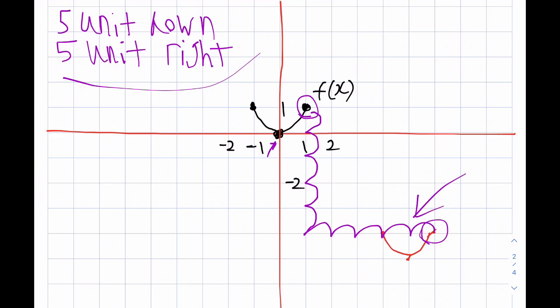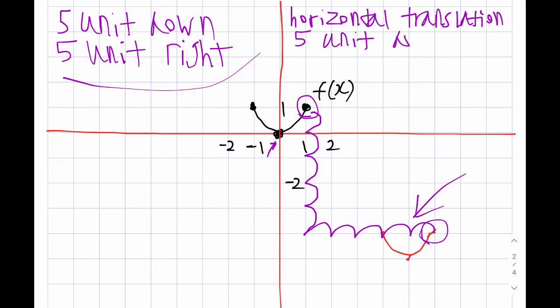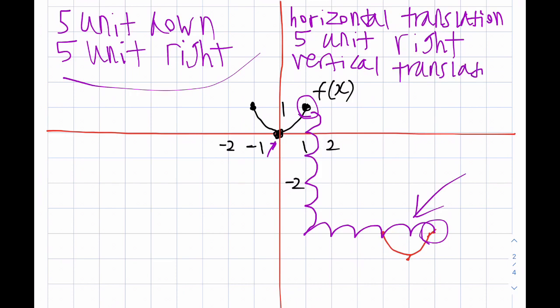And then we can write this more officially. So horizontal translation, 5 units down, and vertical, oh sorry guys, this will be right, and our vertical translation will be 5 units down.